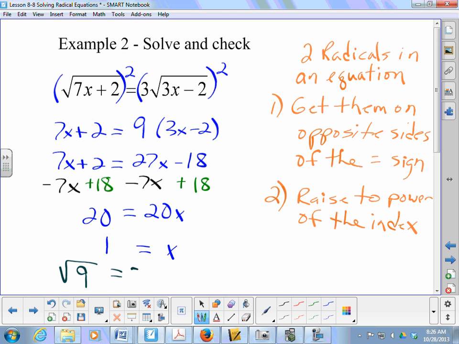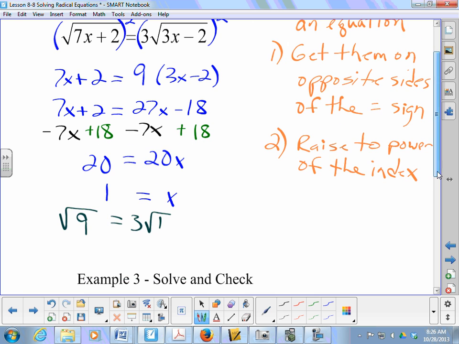And on the right, we get 3 times the square root of 1, right? 3 times 1 is 3 minus 2. And so 3 equals 3.